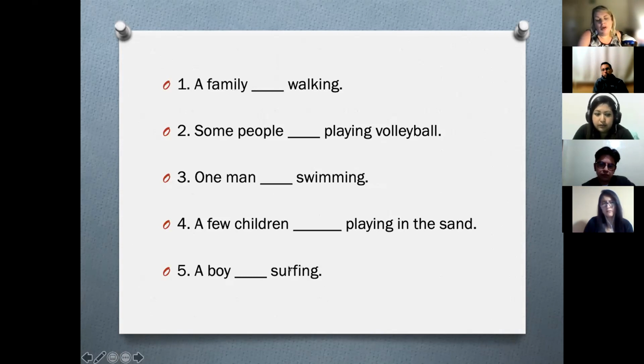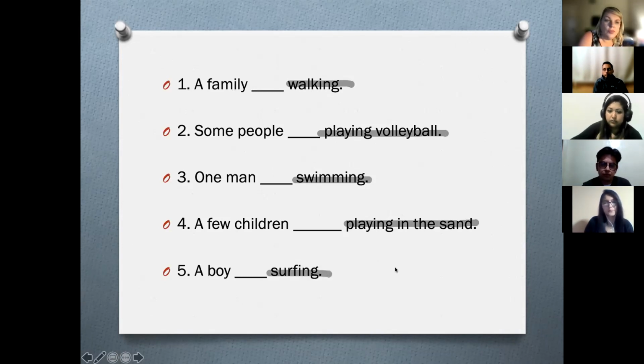Well, okay, you don't need a picture because maybe one student is just going to put is, are, and nothing else. Do I need this part of the sentence to complete this activity? No. They look at the subject, they say a family is, some people are, one man is, few children are, a boy is, done.